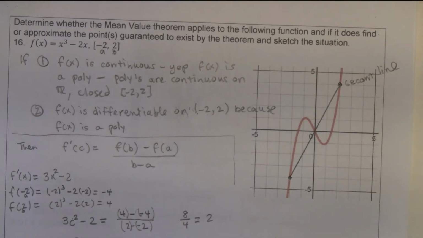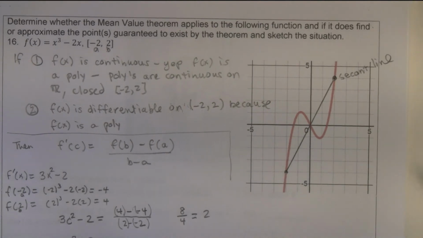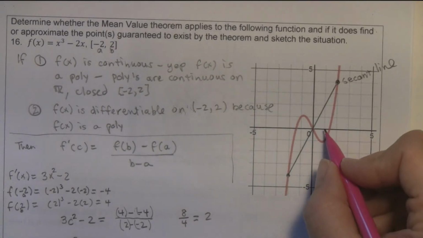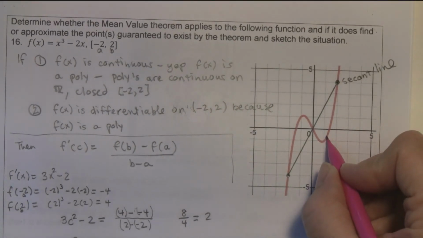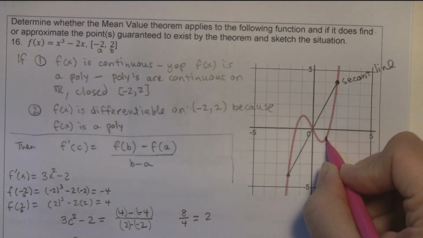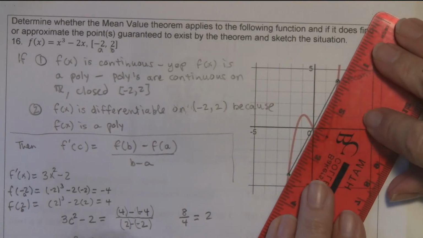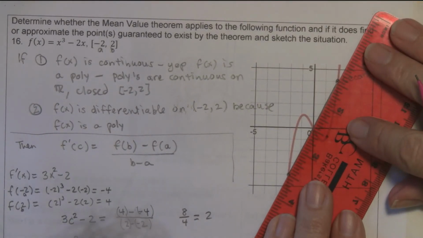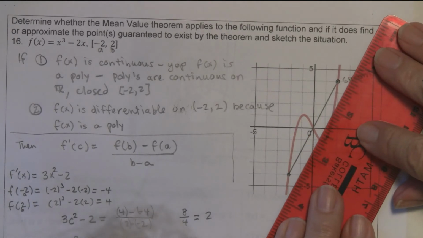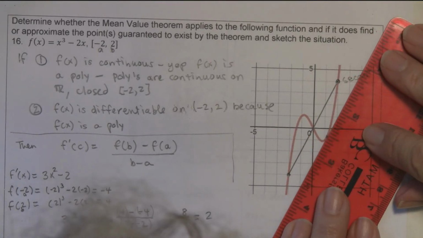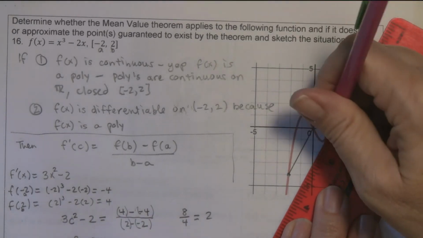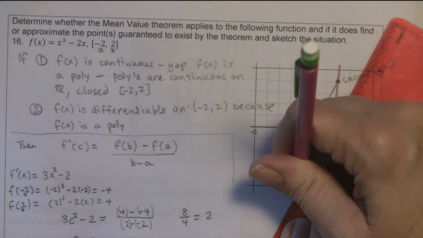Okay, and then what I want to do is draw the two tangent lines that we found, and they happen at +1.15, so somewhere about here, and it should be parallel. So I'm going to scoot this over there so that I make sure it looks parallel.